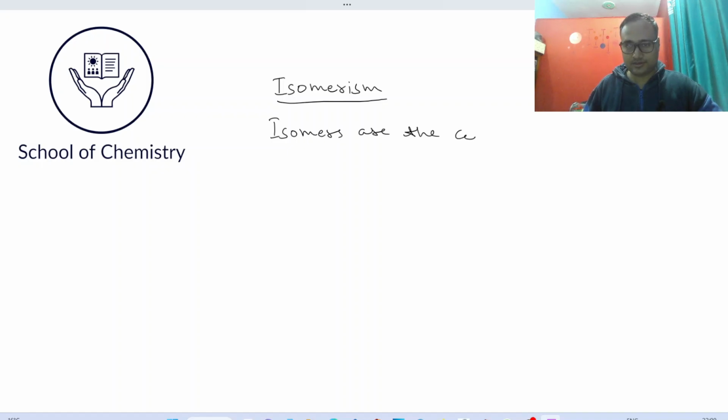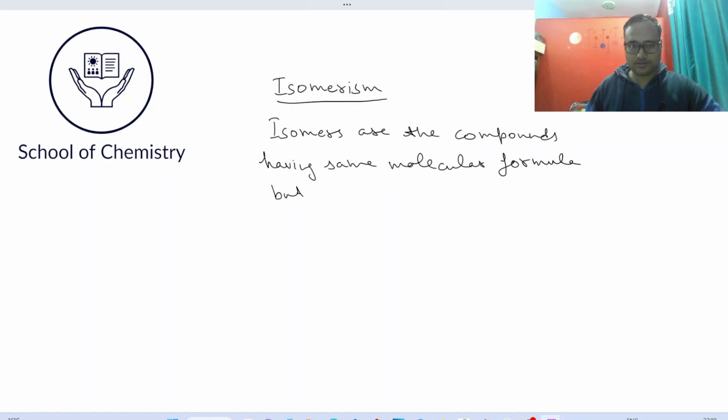Compounds having same molecular formula but different structures.